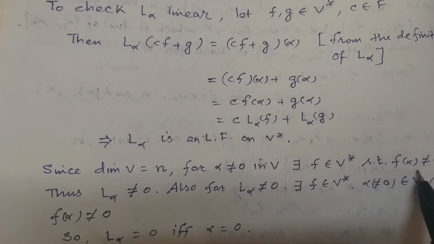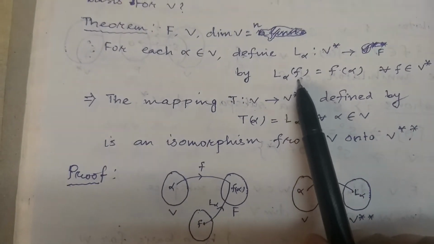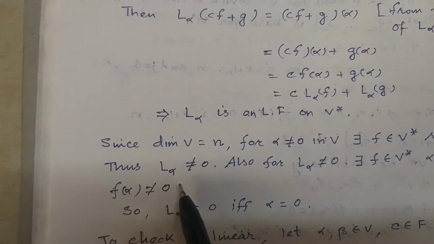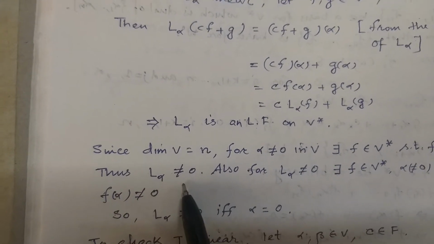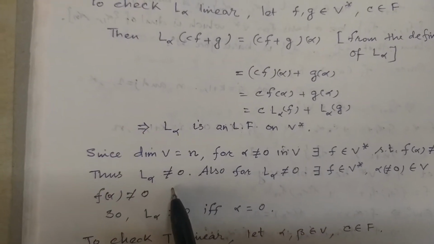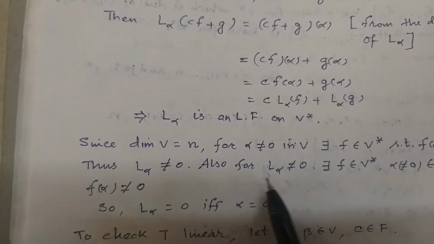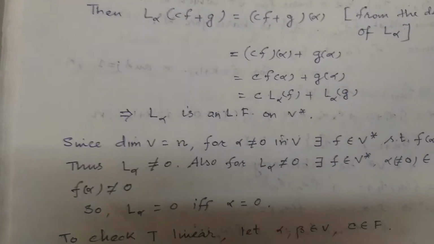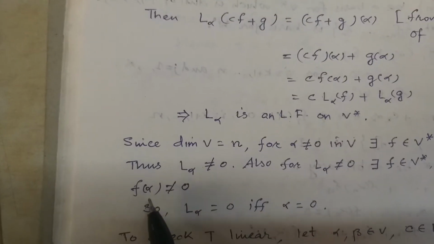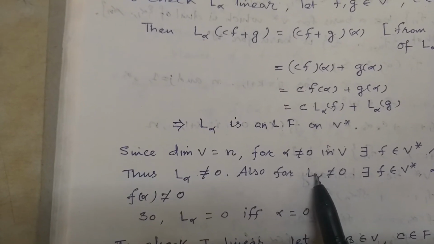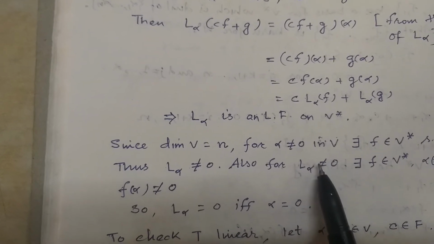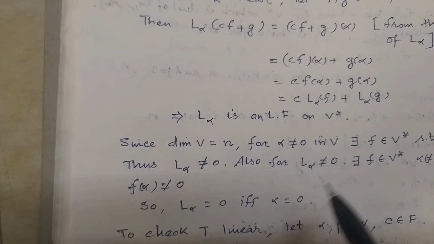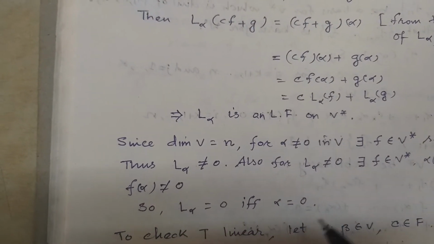And if f of alpha is not equal to 0, that means L alpha of f will not be equal to 0. That means L alpha will again be a non-zero functional from V star to F. Now for L alpha non-zero, there exists f belonging to V star and alpha belonging to V such that f of alpha is not equal to 0, because L alpha being a non-zero functional means it takes some small f to a non-zero element.